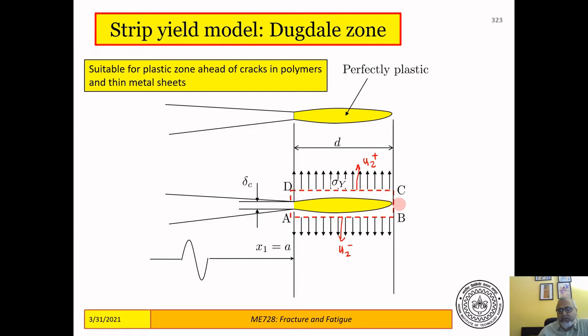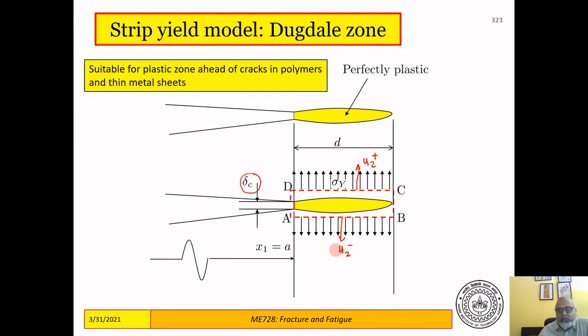So here u2 plus and u2 minus are the same, but here the crack opens up, the crack blunts a bit, and the crack opening displacement, remember, this is not the crack, this is just a yielded zone. The crack ends here, and for this yielded zone to form, the crack has to open up a little bit, and the opening of the crack tip is, let's say, equal to delta c.